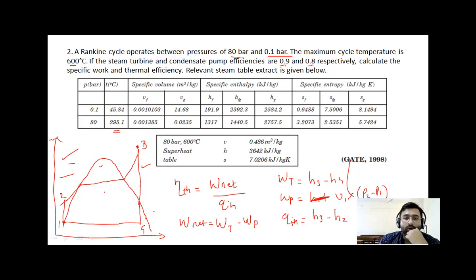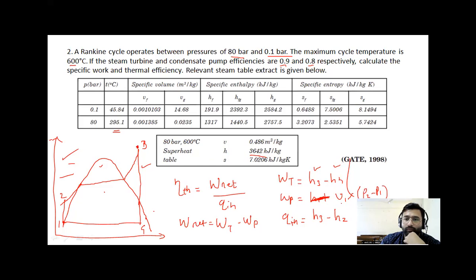Now we'll calculate all the available values in this case. Directly they have given you the H3 value, that is the enthalpy at point number 3, given as 3642. H4 you have to calculate, that way you will calculate the turbine work.